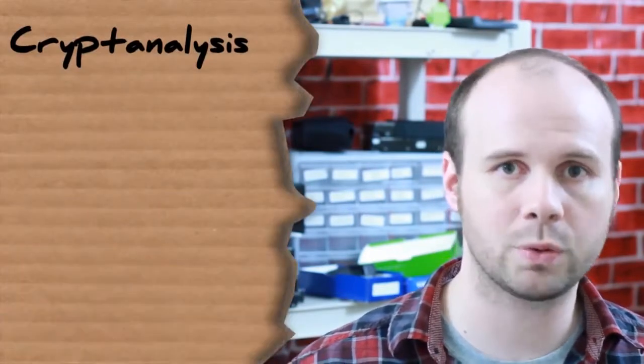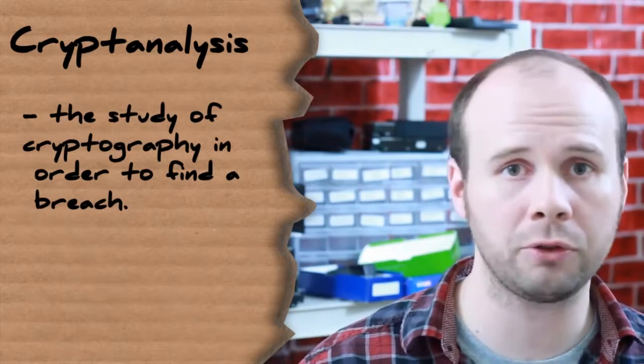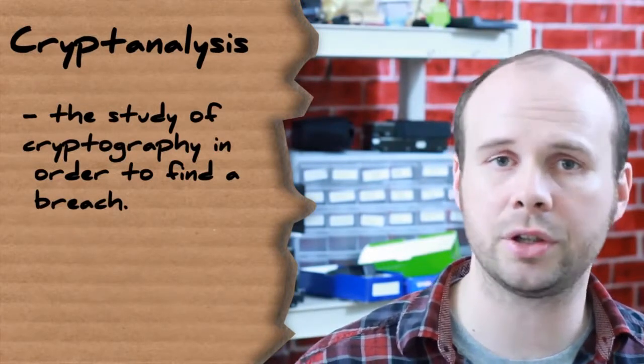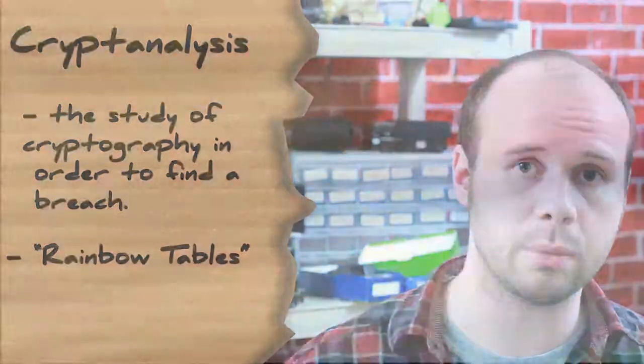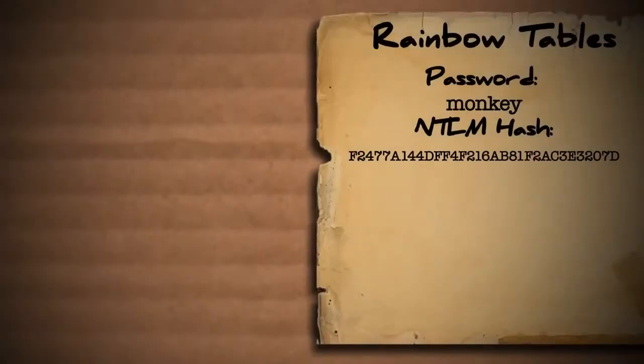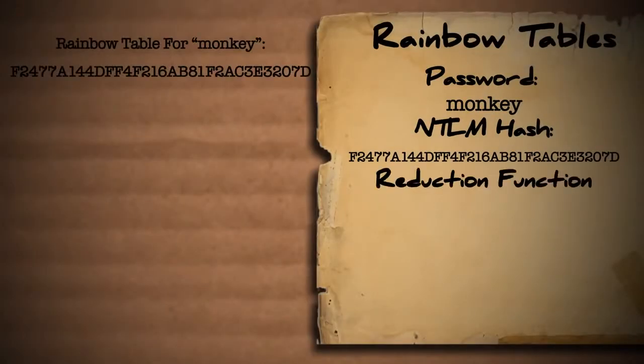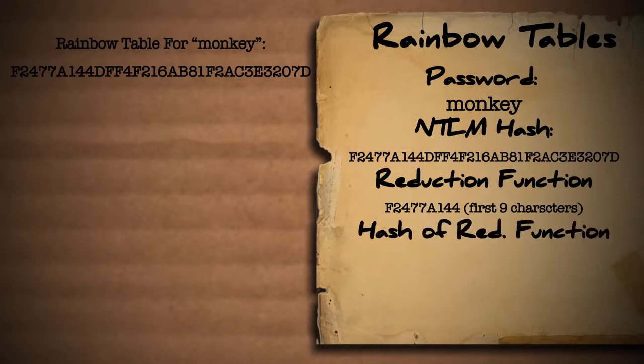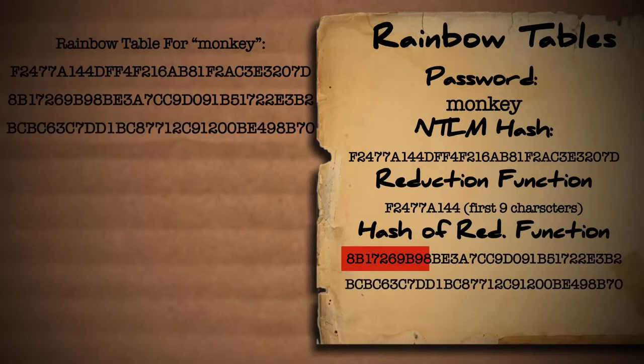But there's a third option called cryptanalysis, which is simply the study of cryptography to see if it can be breached. This method of cryptanalysis uses what's called rainbow tables. Without getting overly complicated, a rainbow table can be a long string of millions of hashes. Then the rainbow table will take a smaller pattern within the original hash, known as a reduction function, and search for that instead of searching for the entire hash.